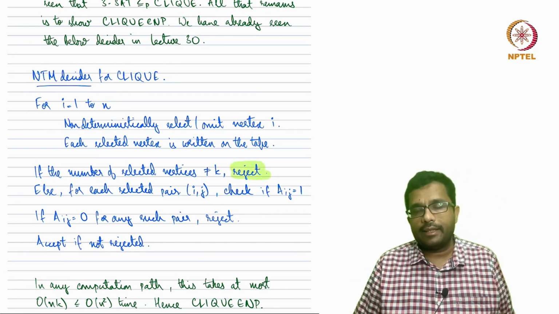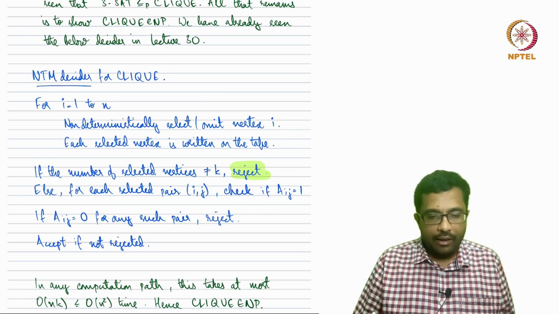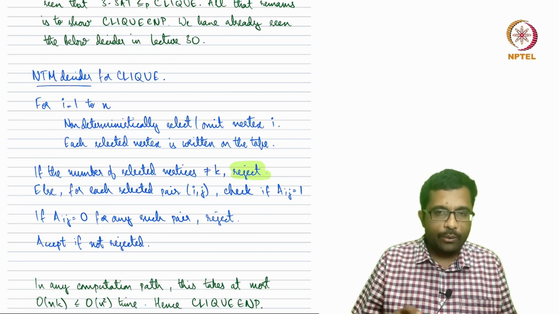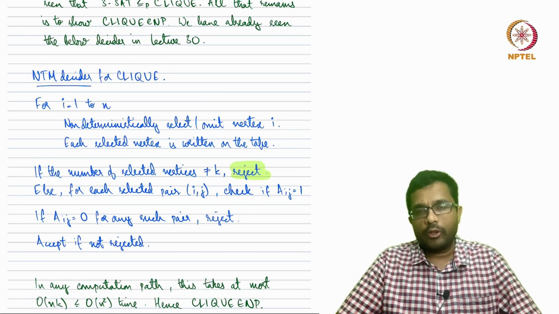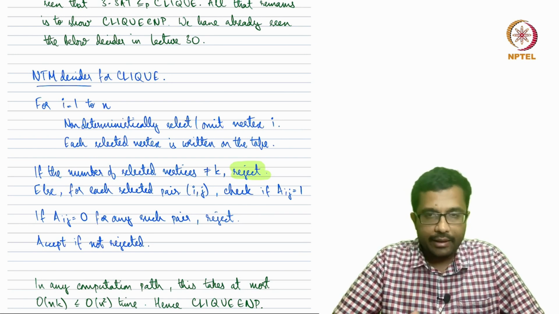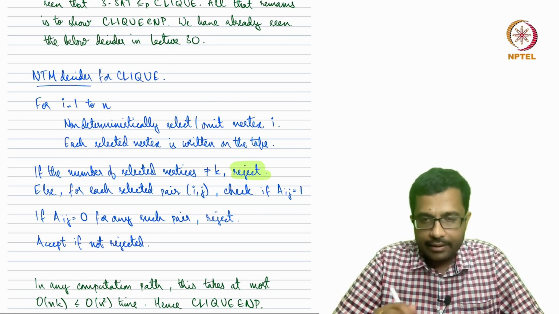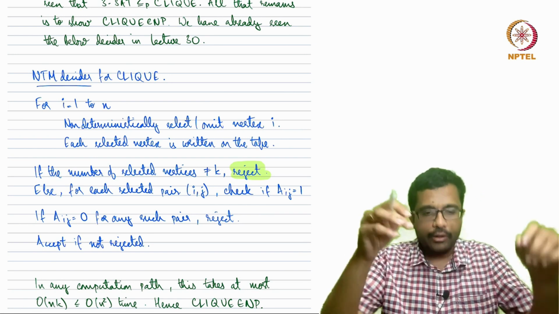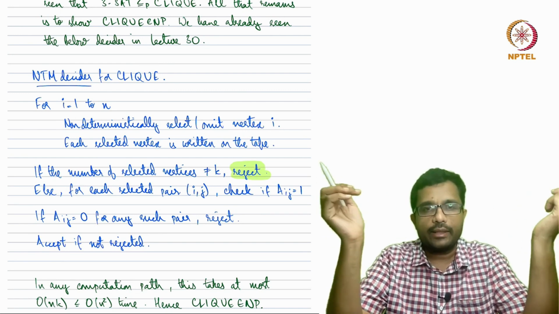If it does not have the desired size, we reject. If it has the desired size, we check whether it is a k-clique, or whether it is a clique. We have already checked whether it has size k. We check whether it is a k-clique. For each pair of vertices, we check whether there is an edge.